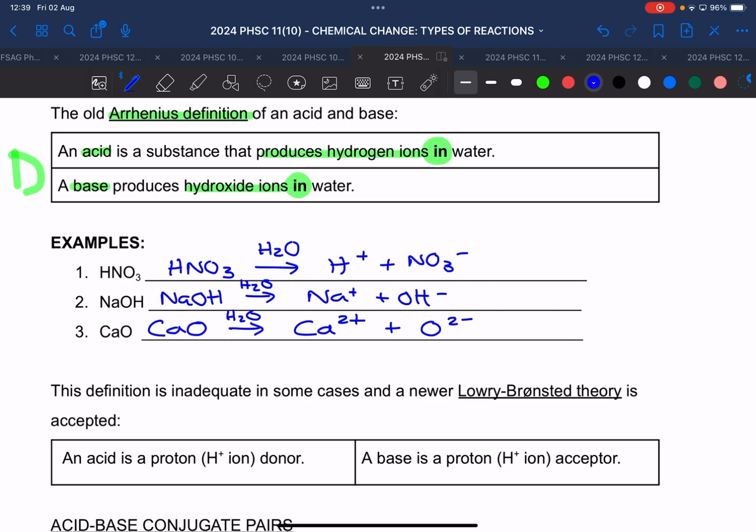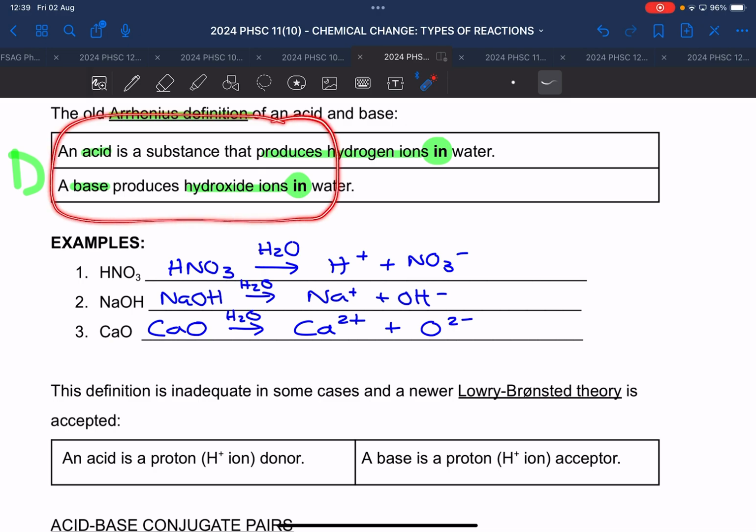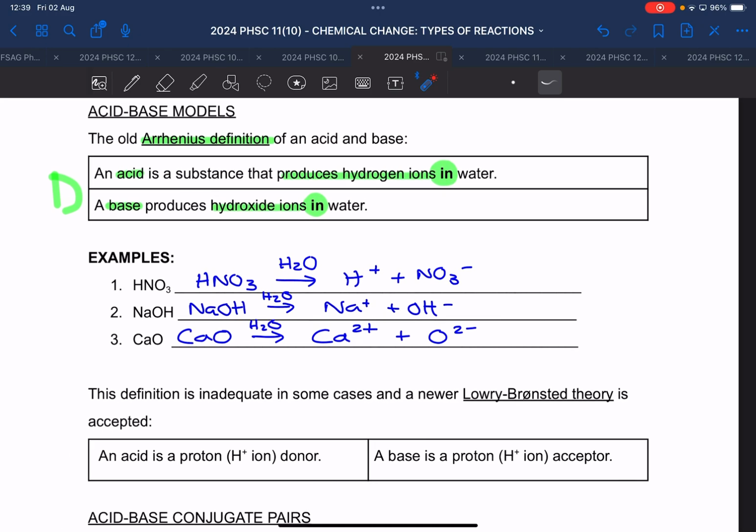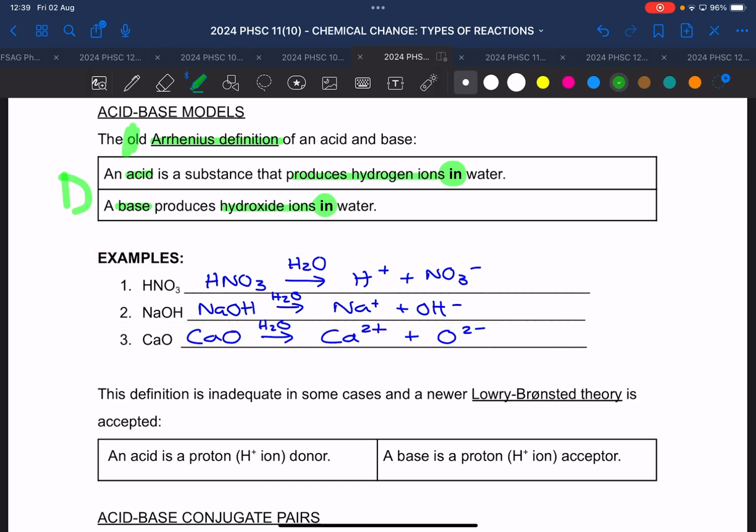So if you look there, he said a base produces hydroxide ions. A base did not produce hydroxide ions. So his definition is not 100% foolproof. His definition, yes, it does fit some scenarios, but not all. So that is why it is called the old Arrhenius definition. Okay, because it doesn't apply in all scenarios.